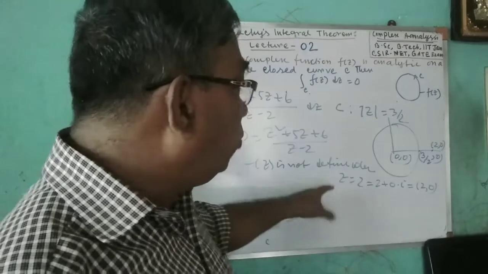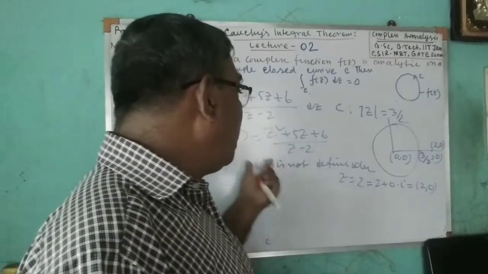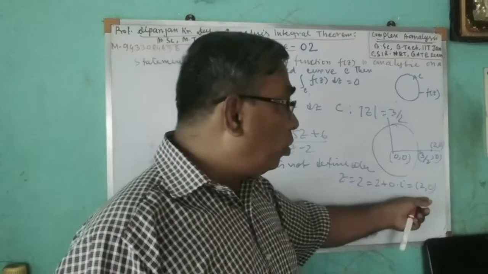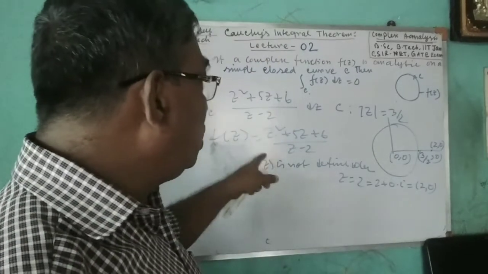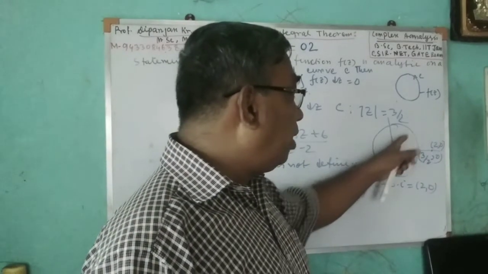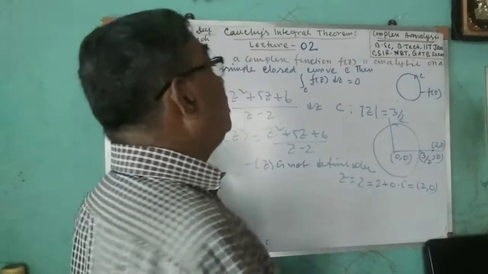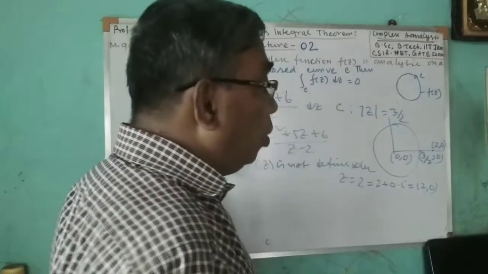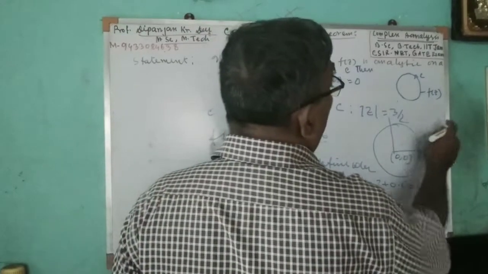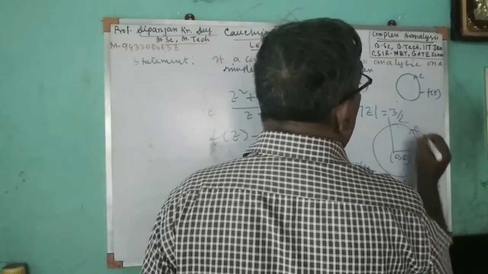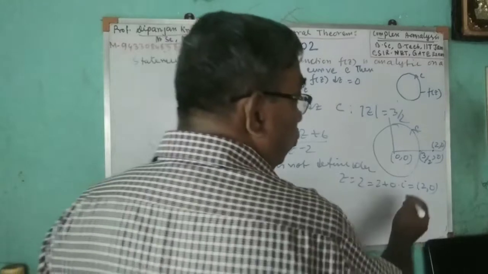We have to see for what values of z f(z) is not defined. It is not defined at 2, 0, when z equals 2. So now we have to check whether 2, 0 lies inside or outside the circle. If it is inside the circle, then we can't say this value is equal to 0. If it is outside the closed curve C, as 2 comma 0 is, then we can say so.